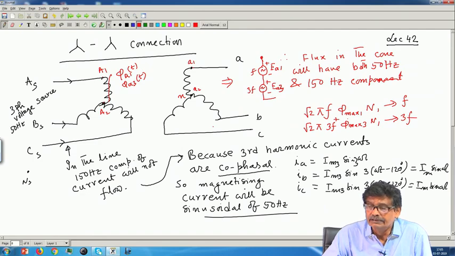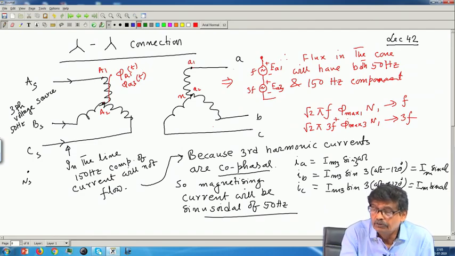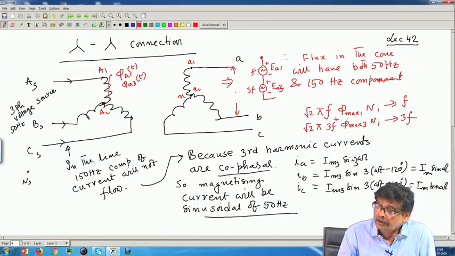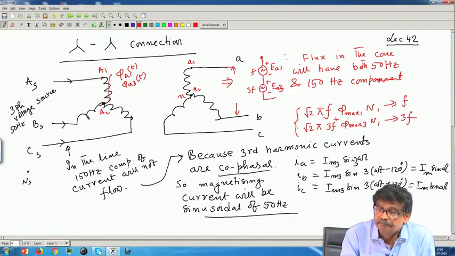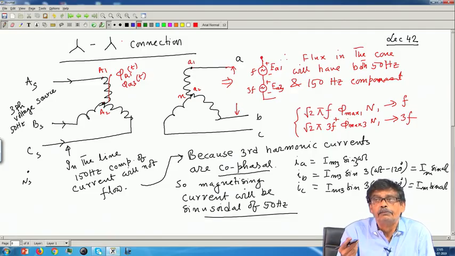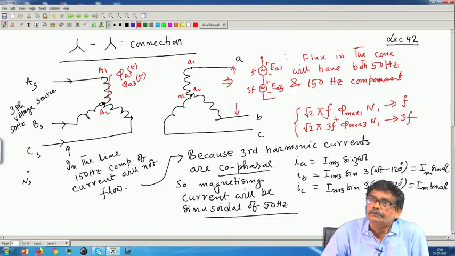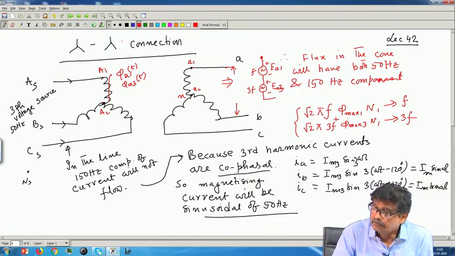Now, the question is, what about line to line voltage? So, the conclusion is here the phase voltages will be corrupted with a 150 hertz component apart from that 50 hertz component.